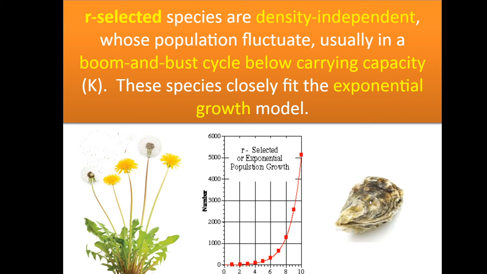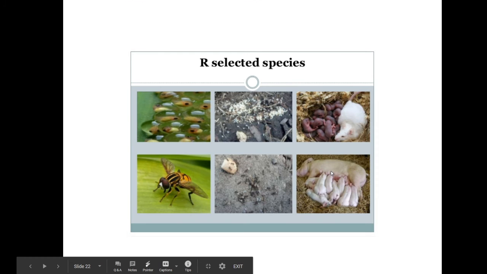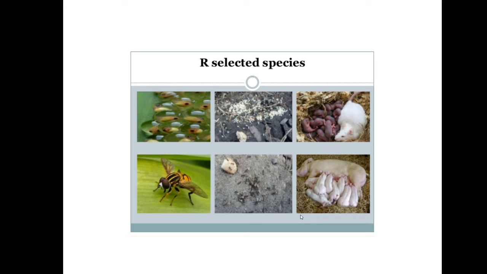Oysters, if you aren't aware, can lay up to like 1 million eggs every spawning season. 1 million possible young. Exponential growth. Dandelions, constant, never ending. So there are lots of other species that are all R selected. And usually we're going to see R selection in a lot of species that are relatively low on the food chain.